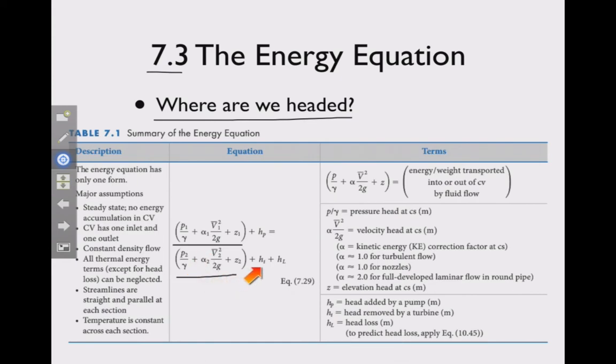But we also have HT, which is head removed by a turbine, so we're able to extract energy via a turbine here, and also we're going to have head loss that we are going to have to calculate as well. So this is where we're headed. It's the summary of the energy equation, and in the next section we'll derive this and begin to use it. Okay, thanks.